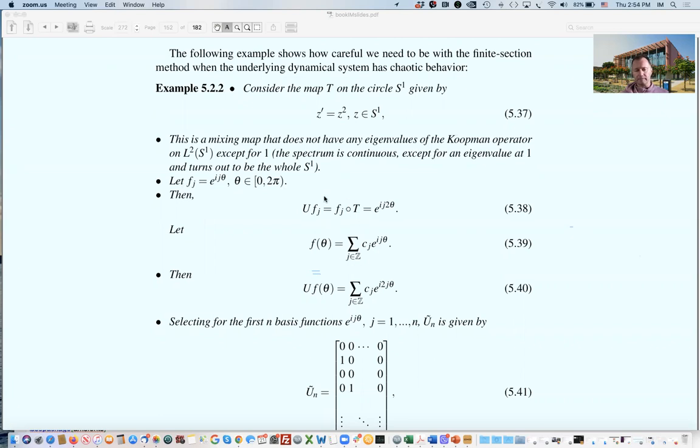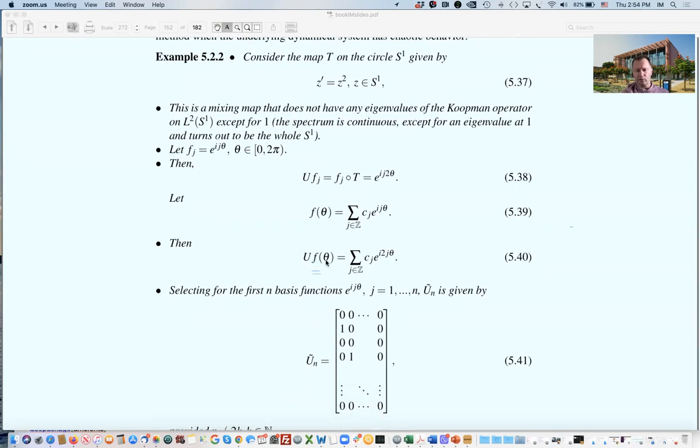And now we apply the Koopman operator to the jth basis function by composition, we get e to the ij 2 theta. So theta went to 2 theta. And then we write f of theta as a sum over the basis functions. Now j's are in Z, so they can be positive, negative integers, and 0.